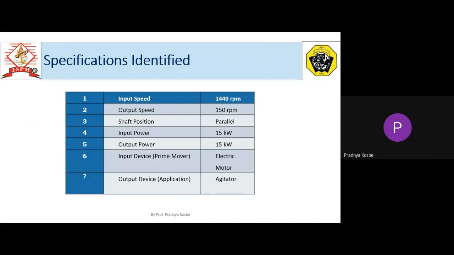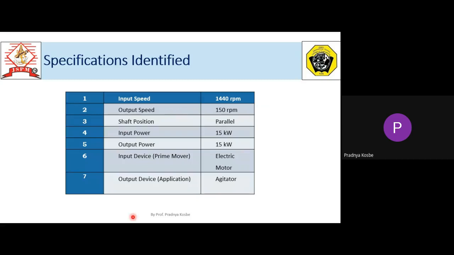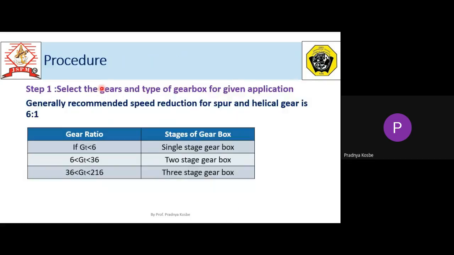Then the first step while designing is to select the gears and type of gearbox for the given application. Now, how will you decide that? That is the main question over here.